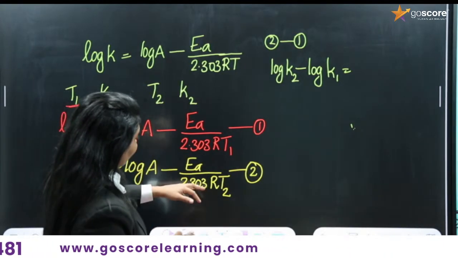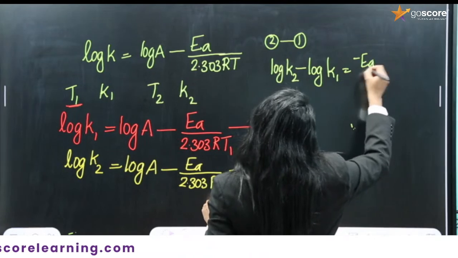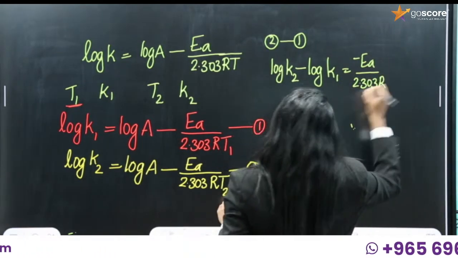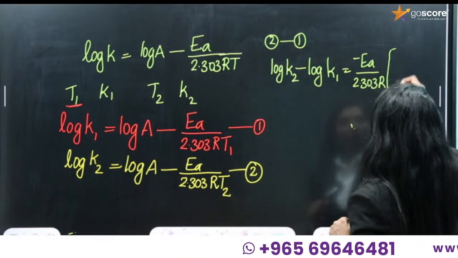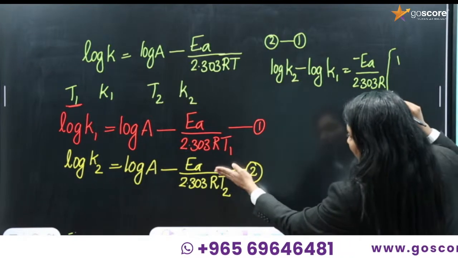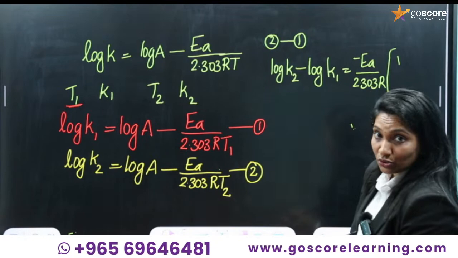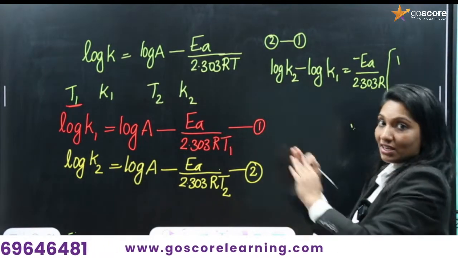Then the second term is minus Ea by 2.303 R, which is constant, into 1 by T2. These terms are common in the two equations, so we can take Ea by 2.303 R as common.